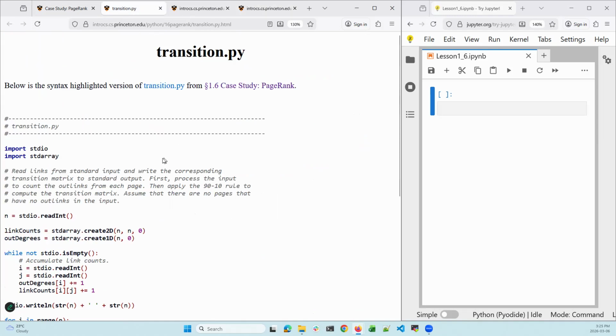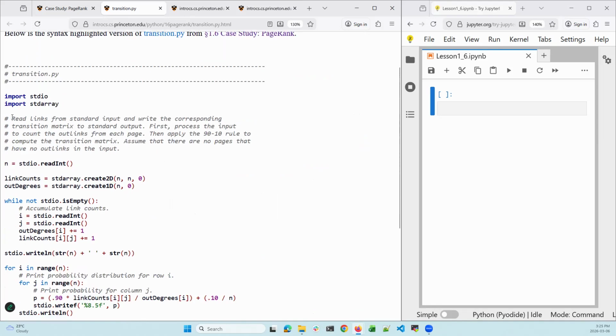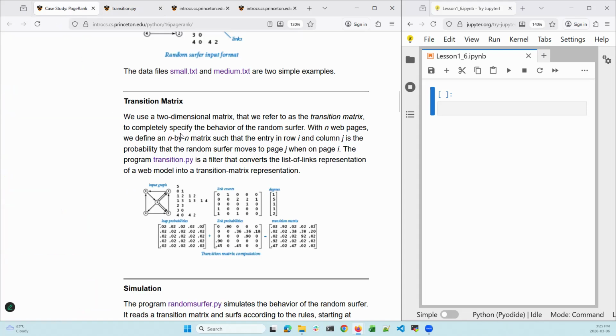This is the transition program, which reads links from standard input and writes the corresponding transition matrix to standard output. First process the input to count the outlinks for each page, then apply the 90-10 rule to compute the transition matrix, assuming that there are no pages that have no outlinks in the input.